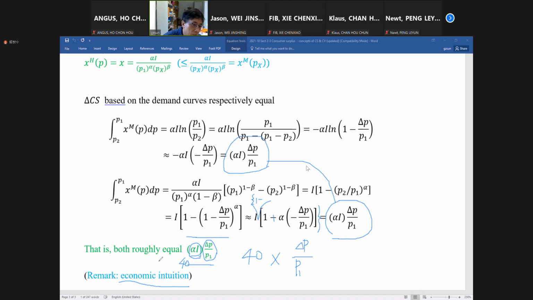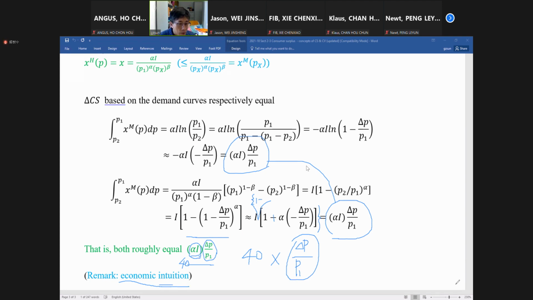So this is the sort of economic intuition. The idea is the price doesn't change much, so this number is quite small. And clearly, when the price changes, you change everything, not only your expenditure, but also your consumption. But the point is, you can focus on this first order effect and ignore the second order effect.